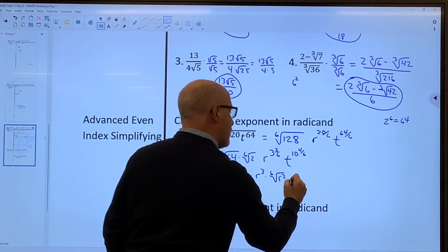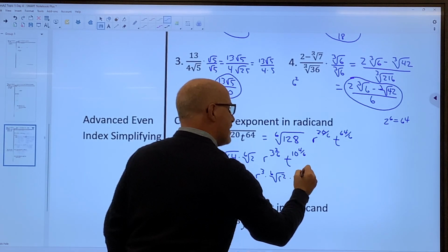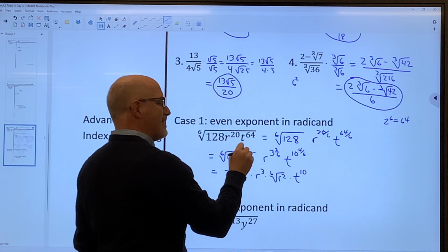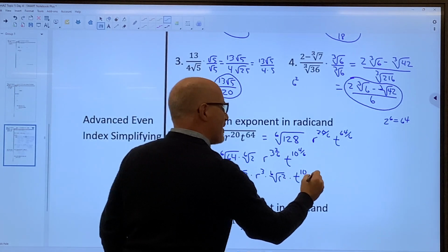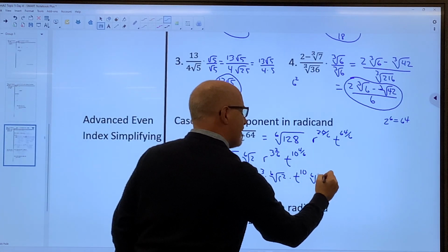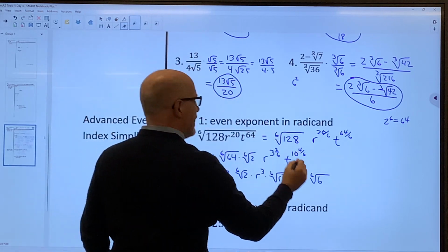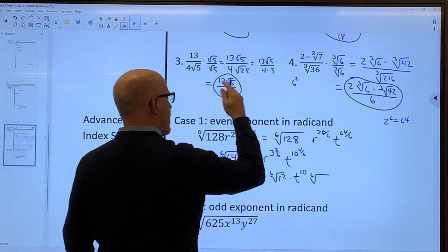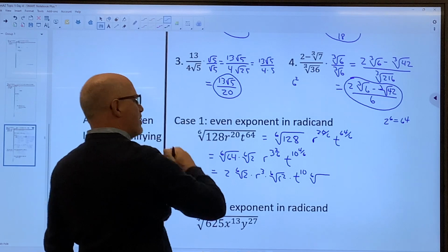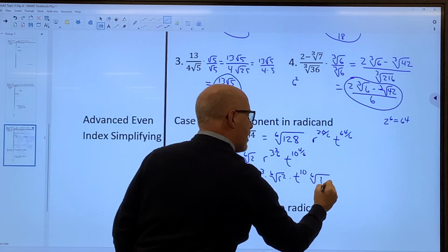The t here will be t to the 10th power times the 6th root of t to the 4th. Now you might ask again, why did we not reduce those down? Well, we only reduce if we can reduce in all the problem.